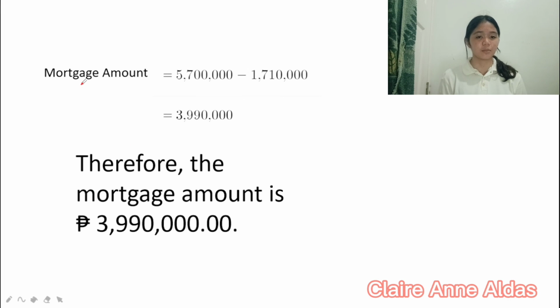In getting the mortgage amount, subtract 1,710,000 from 5,700,000 and that will equate to 3,990,000. Therefore, the mortgage amount would be 3,990,000 pesos.